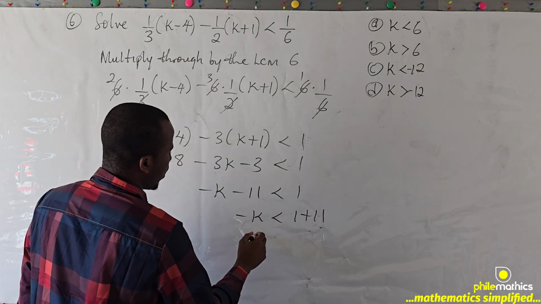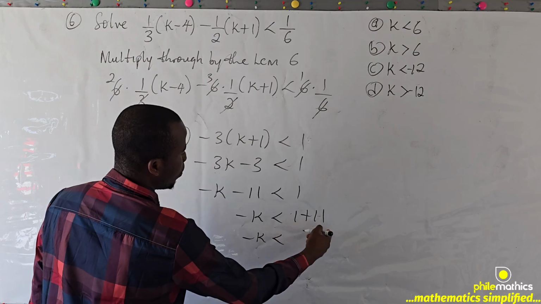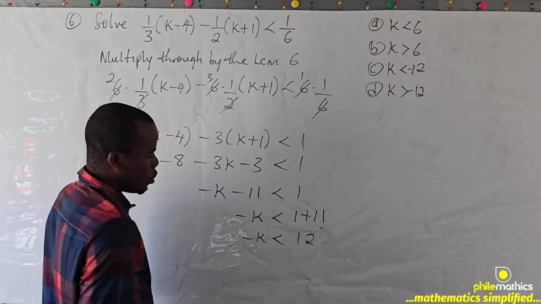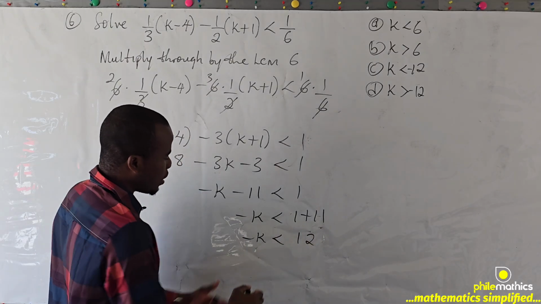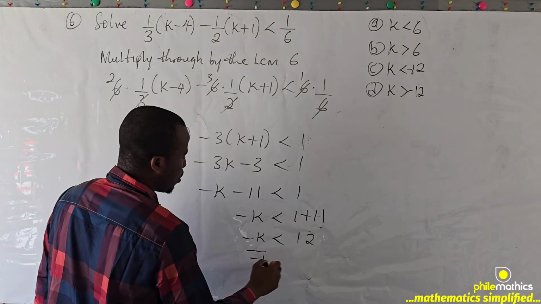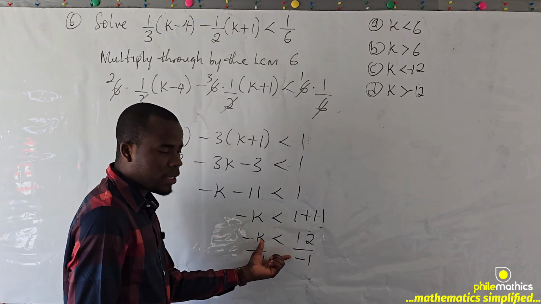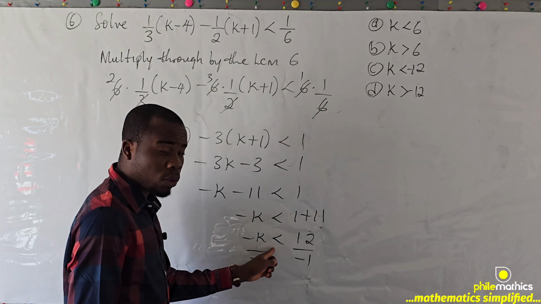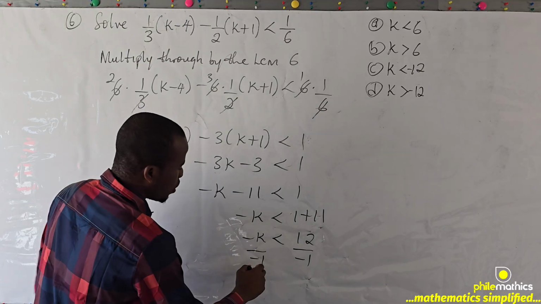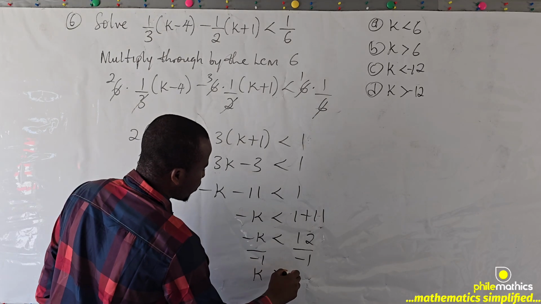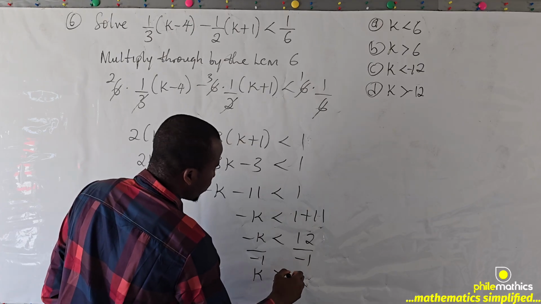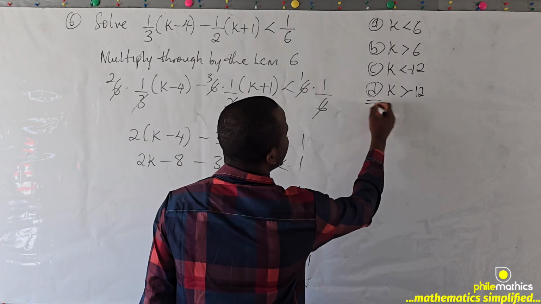And so minus k is less than 12. So now you divide both sides by minus 1. You know, when you divide an inequality by a negative number, the inequality symbol changes, so that k will be greater than minus 12, which is D.